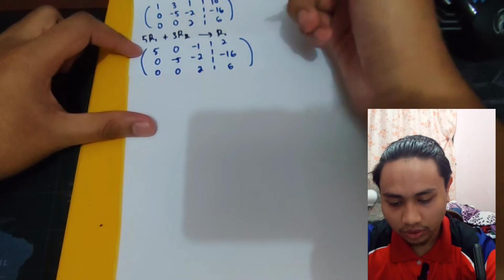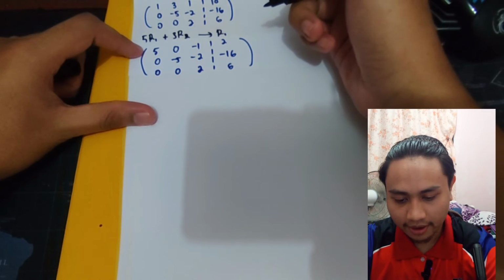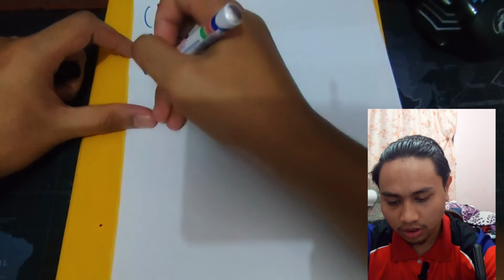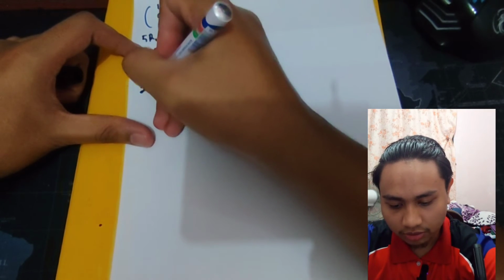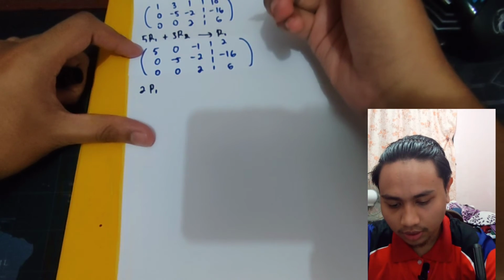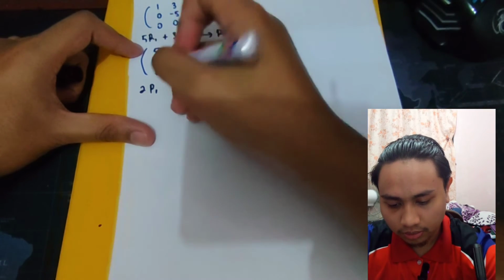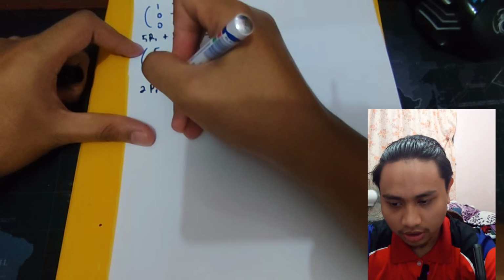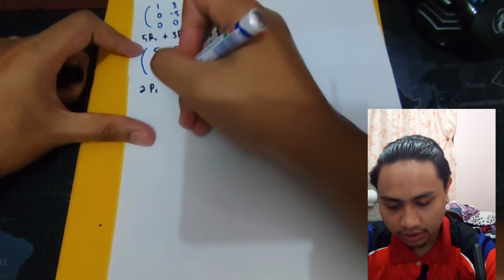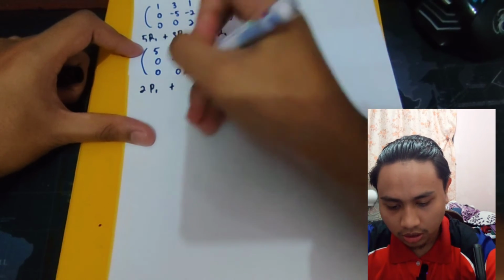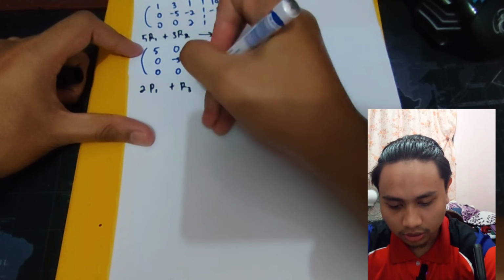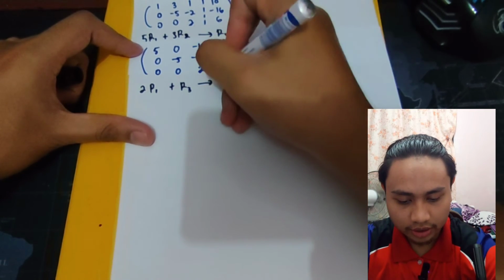So what we will do is 2 times R1 plus R3, then we write it as R1.